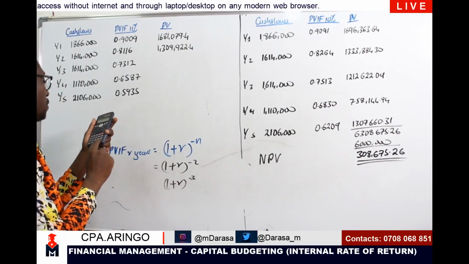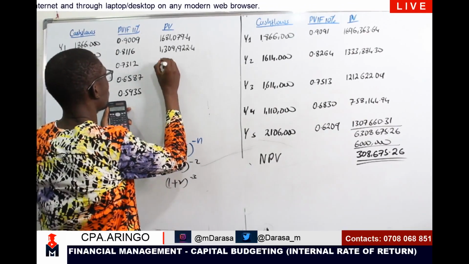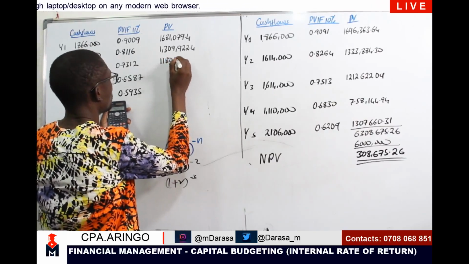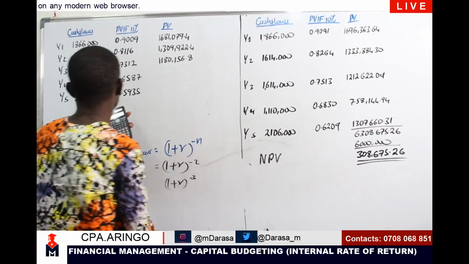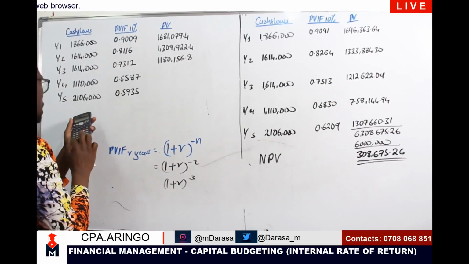That should give me a figure of 1,180,156.8. Then 1,110,000 times 0.6587.